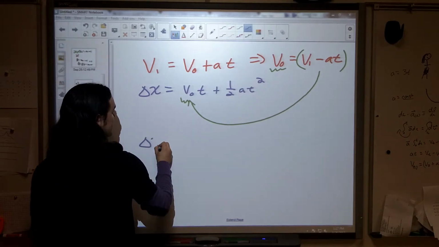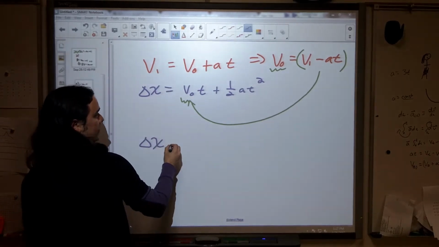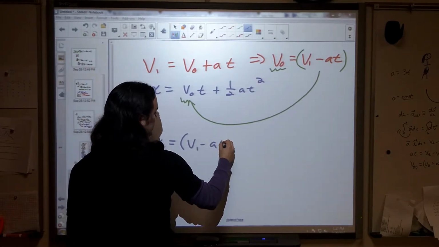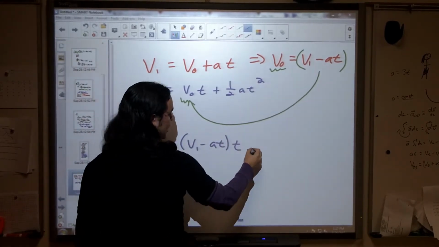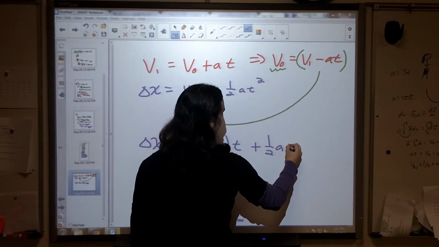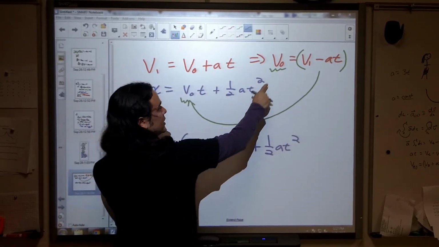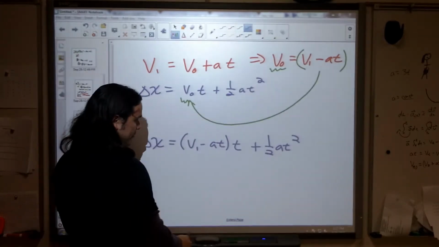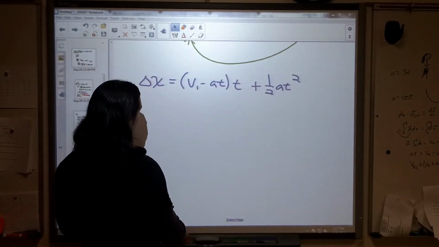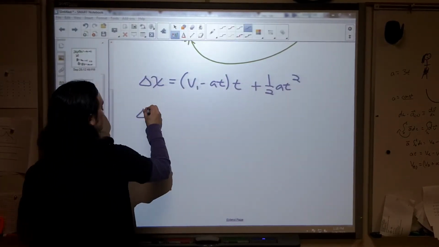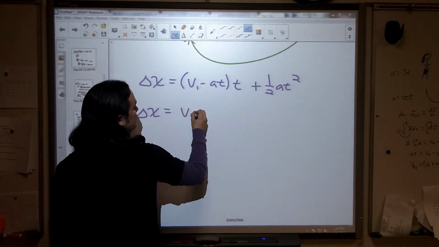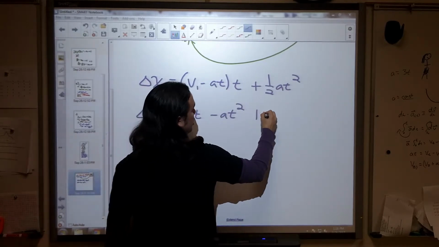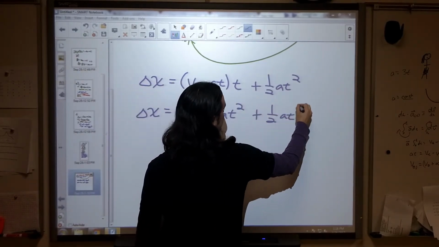I get delta x, because we know where both of these equations came from. We got them with calculus. Equals v final minus at times t plus 1/2 a t squared. All I've done is solve this equation for my initial velocity, and now I'm plugging that back in over here. Okay? Well, I get delta x equals v final times time minus at squared plus 1/2 at squared.